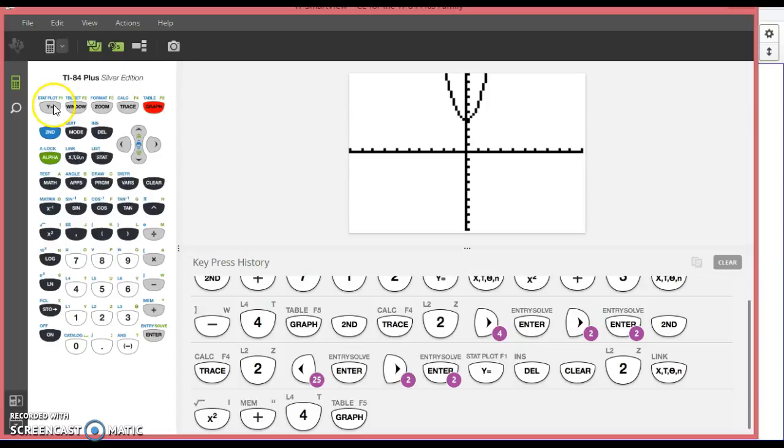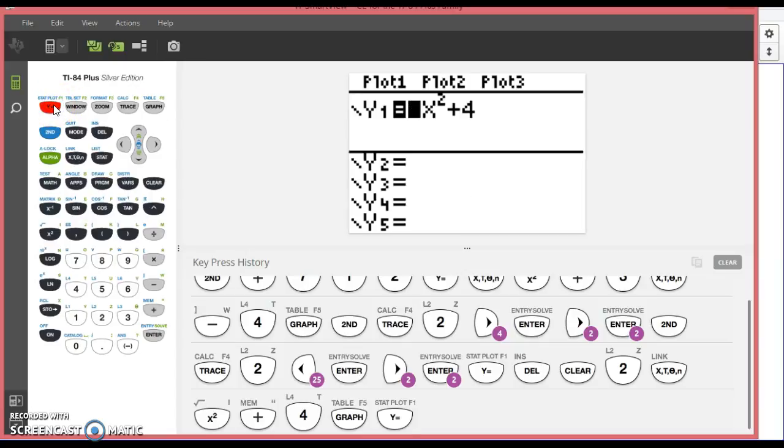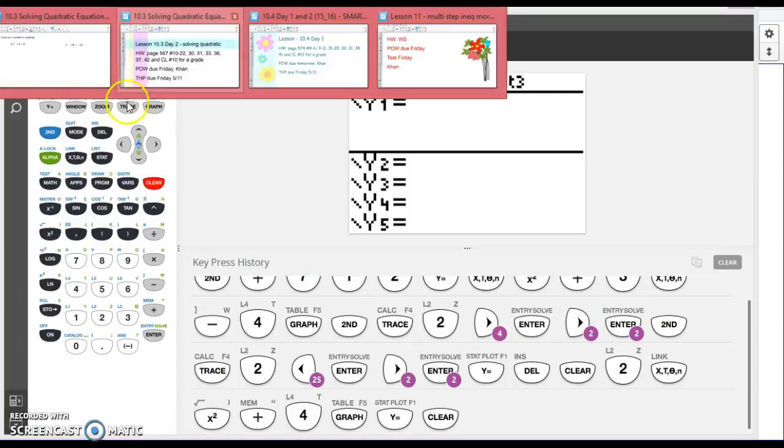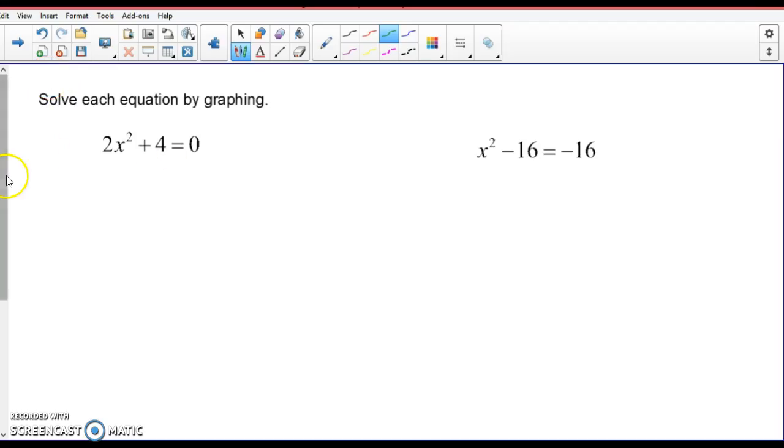Okay, let's try the next one. Y equals. I'm going to hit clear, and I'm going to type in, oh, now I have a question for you. How do you type, let me go back up here. This one is easy to type in because this is y.